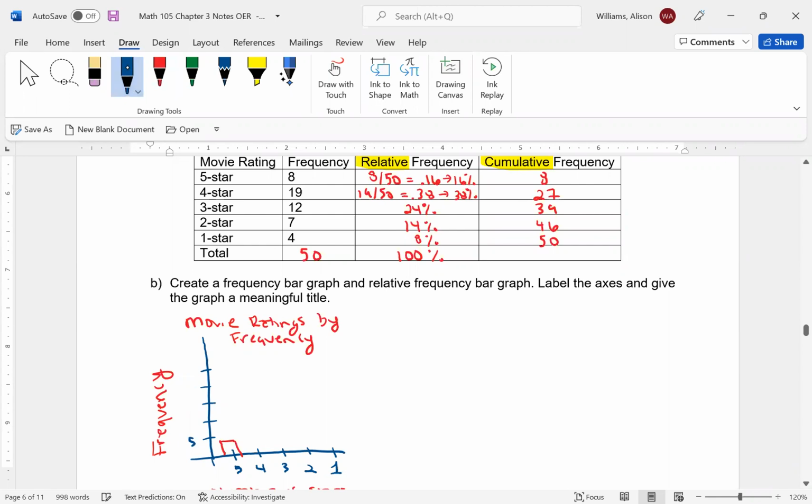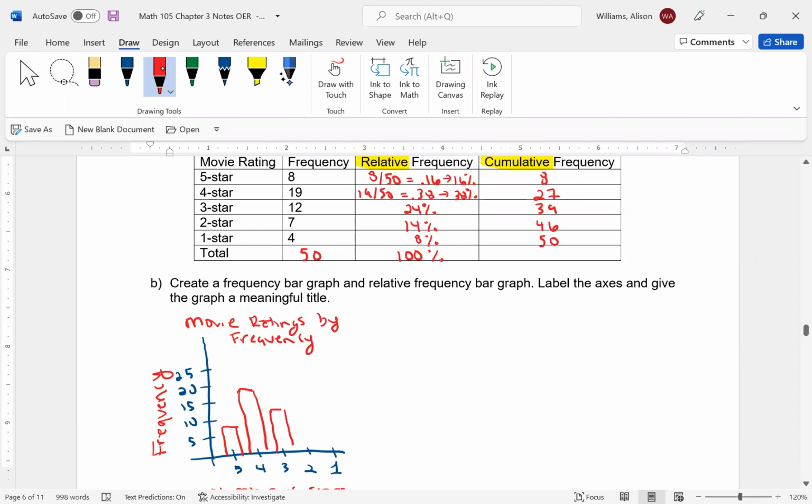So 5, 10, 15, 20. And I'll go ahead and just put the 25, even though I don't really need 25. All right. And I'm going to erase this first category here to redo it. So 8 is going to be a little bit taller here. And then 4, the 19, that's going to be right about here, close to the 20. 3 would be 12, so that's going to be between the 10 and the 15.